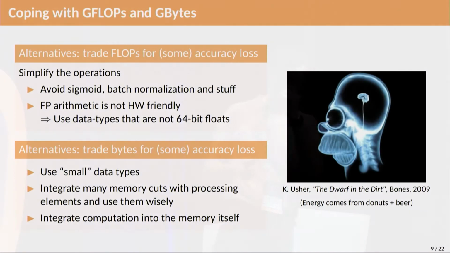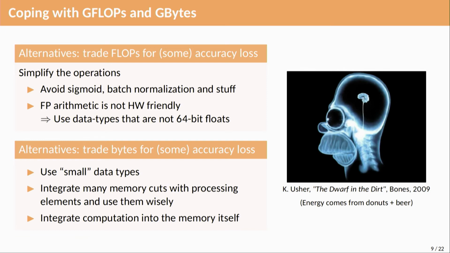So what are the alternatives when we want to go to hardware-friendly operations? First, we have to change flops for something else. Most probably, we'll trade computation power for some accuracy. For that, we will simplify the operation. First of all, we will not use complex activation functions, nor batch normalization and this kind of stuff. And as FP arithmetic is not hardware friendly, we will use data types that are not floating point.